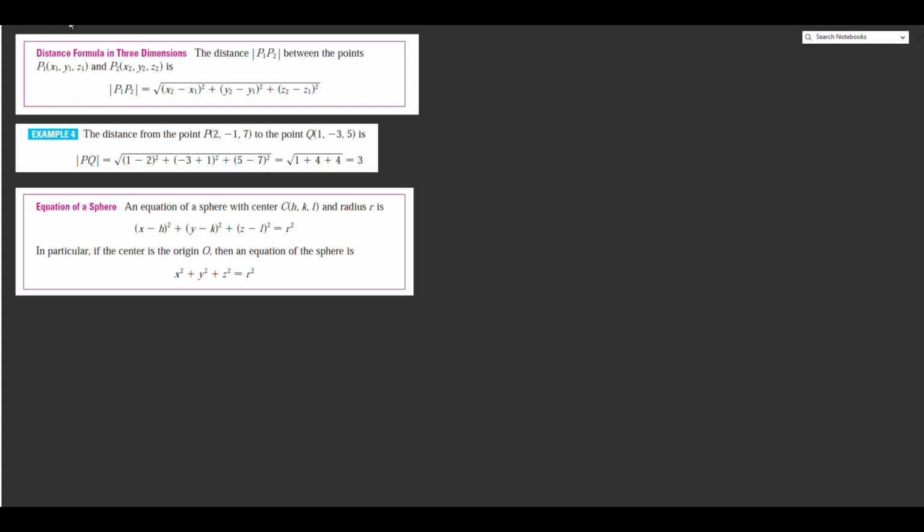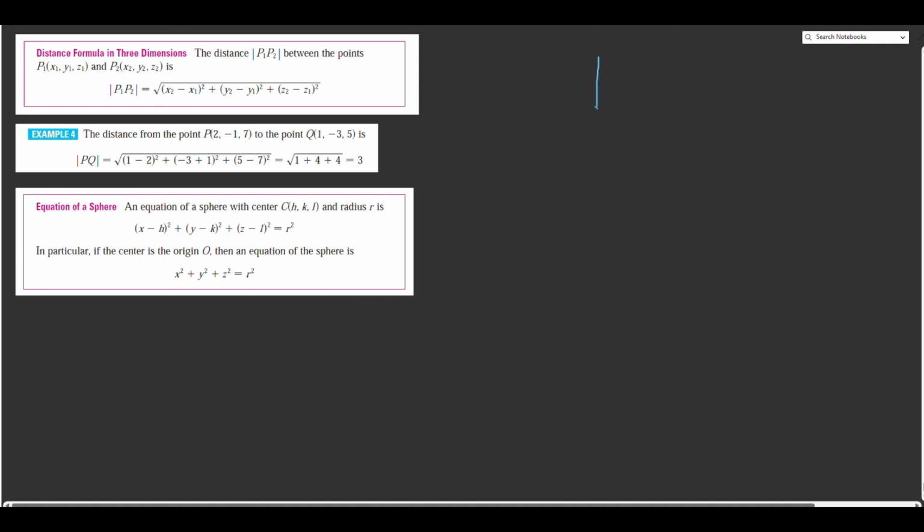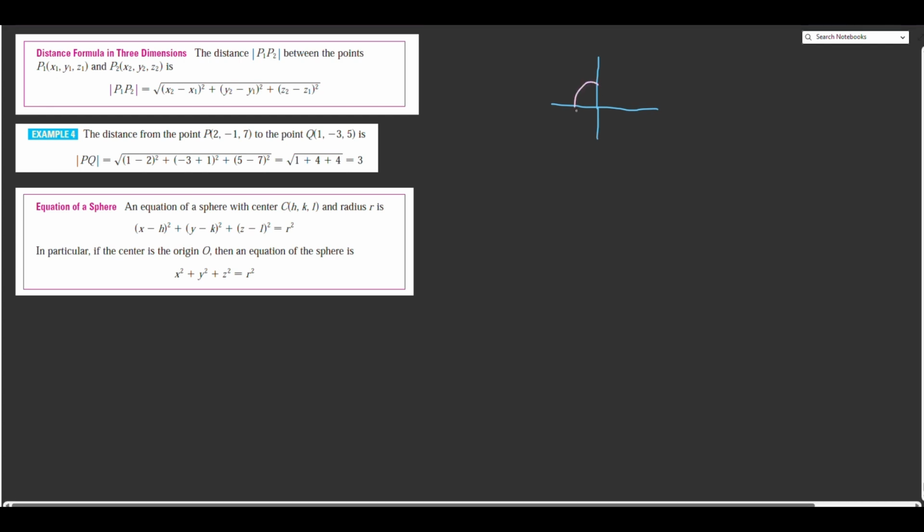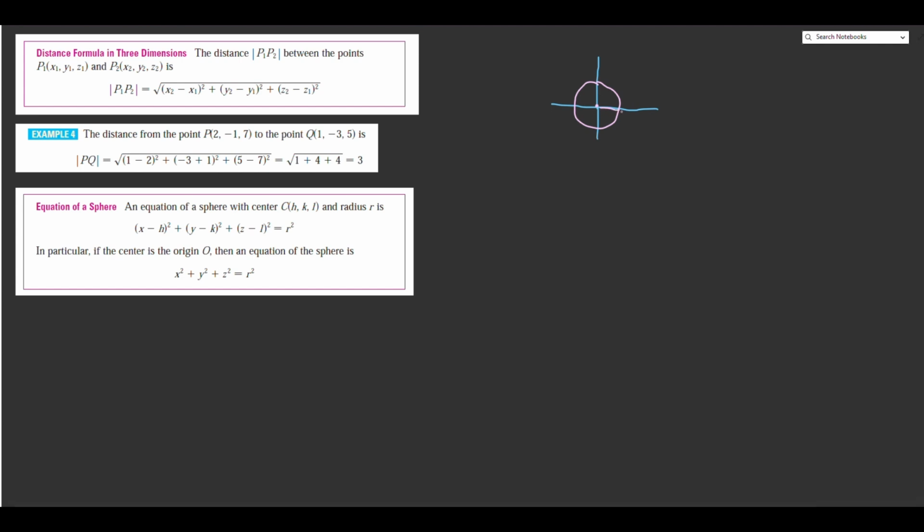For example, consider the xy plane, and suppose our circle has its center at the origin and the radius equals r. This can be written as x square plus y square equals r square.